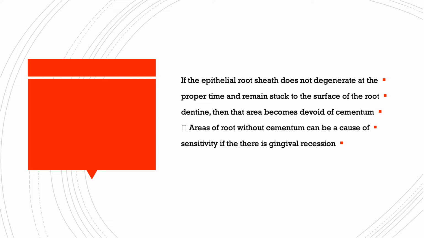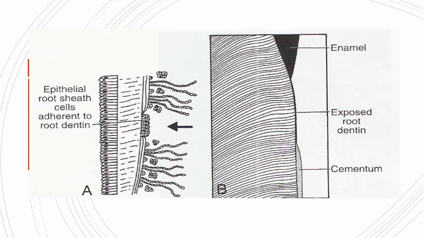So this is a complication that occurs during the formation of the root, especially single root formation. There will be accessory canals, improper development of the root sheath, no dentin, no cementum, and lastly sensitivity and gingival recession.